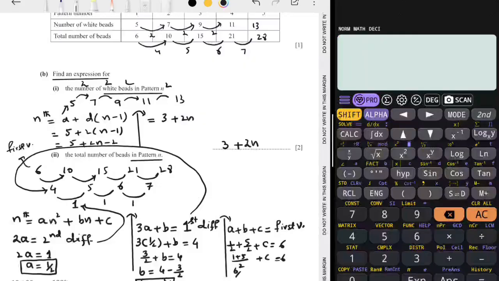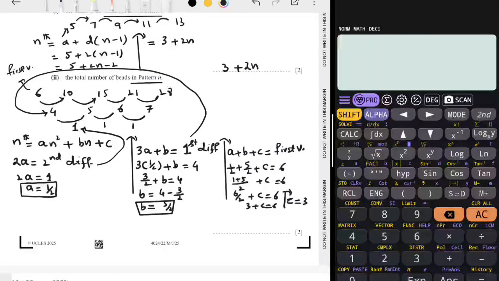So 6 divided by 2 plus c is equal to 6. It will be 3 plus c is equal to 6, and c is equal to 3.